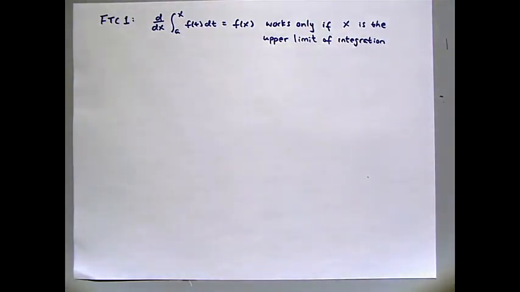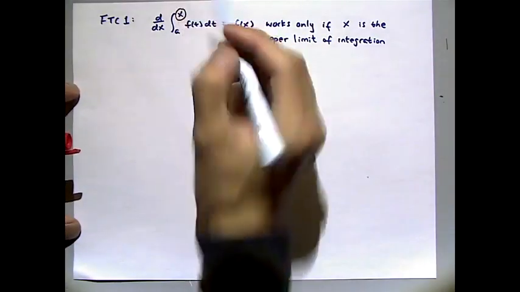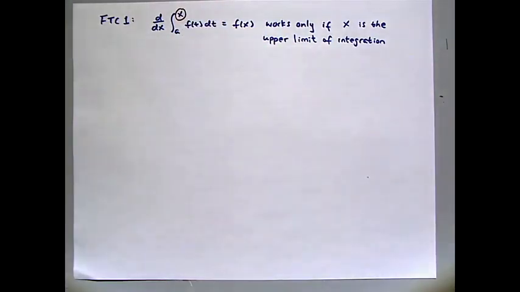It only works if x is representing the right end of the accumulation of the area. So that's called the upper limit of integration. Well, a here is the lower limit of integration. And notice, by the way, it doesn't matter what a is equal to. Whatever a is equal to, as long as it is a constant, the result is the same.